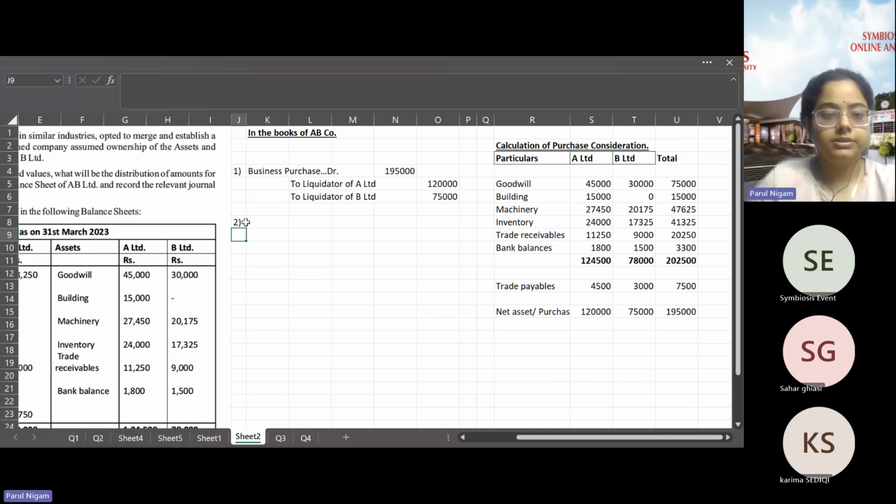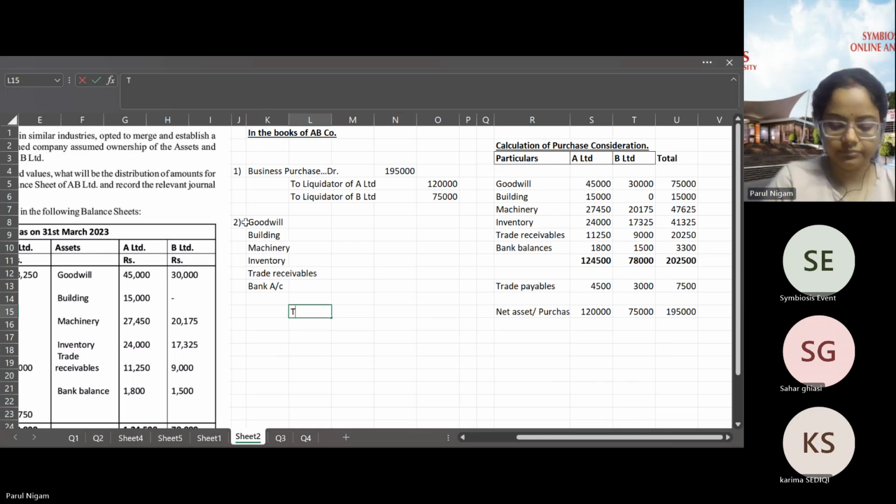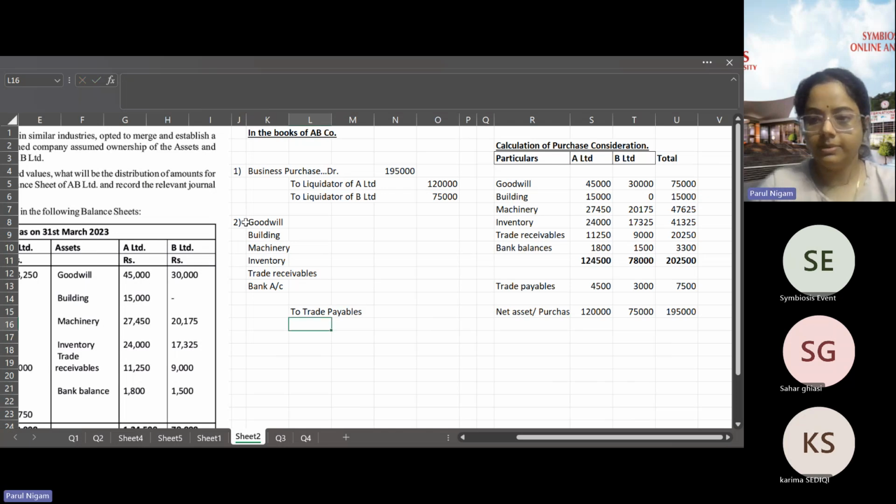So business purchase account debit to liquidator of A Limited and liquidator of B Limited. Then you are going to record all the assets: goodwill, building, machinery. I'll just copy it from here. In examinations, you have to write it; you cannot copy paste in an examination. All of these accounts debited. Then to trade payables, what is going to be the amount?